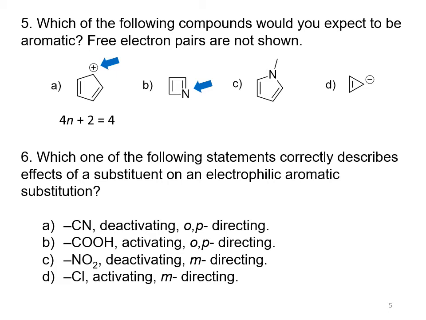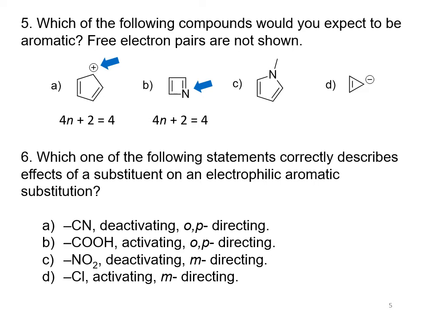B, the free electron pair on nitrogen is not delocalized, because nitrogen already forms a double bond with carbon, and the free electron pair is in a hybrid sp2 orbital. And electrons in hybrid orbitals cannot be delocalized. An electron pair has to be in an unhybridized p orbital to be delocalized. In this case, the unhybridized p orbital has already been used up to form a carbon-nitrogen double bond, and so the electron pair cannot be in that orbital, therefore it's not delocalized.